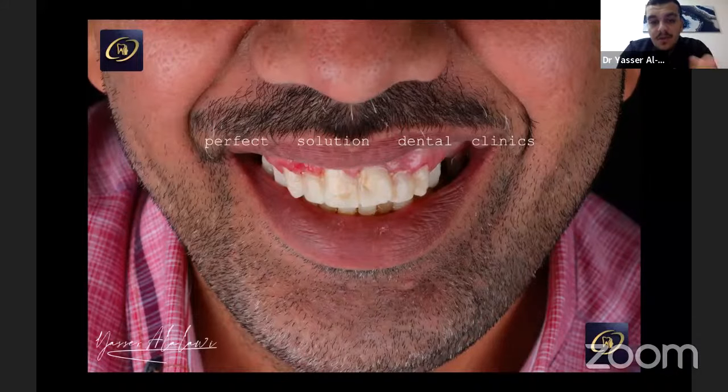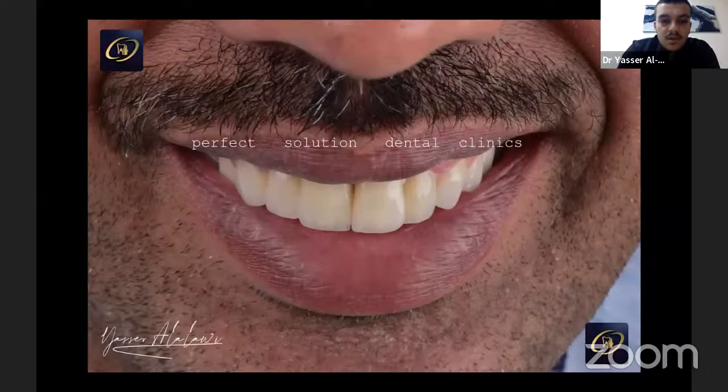We prepare the teeth and make PMMA temporary crowns for about 2 months, and we obtain this situation in the end, as natural as we can get.